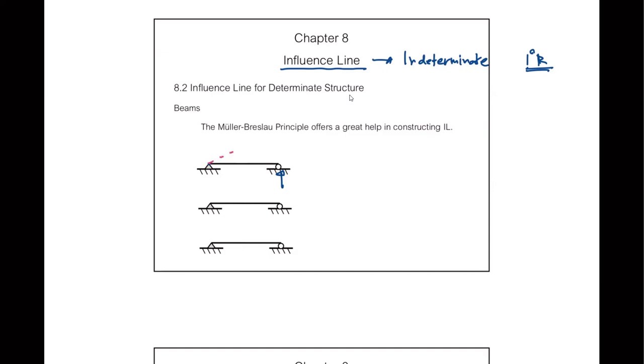This beam will be pushed up freely like that. Or I can just redraw this so you can see better, that there's a hinge there. And then this reaction moves freely, so it pushes your beam up. So of course, that becomes the shape of the influence line of the reaction.